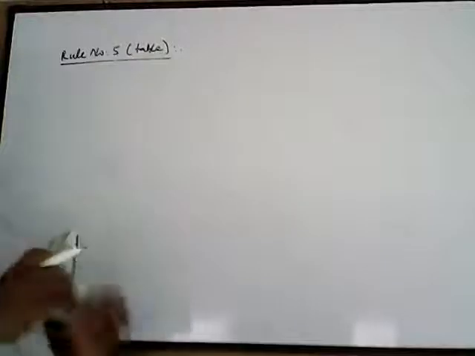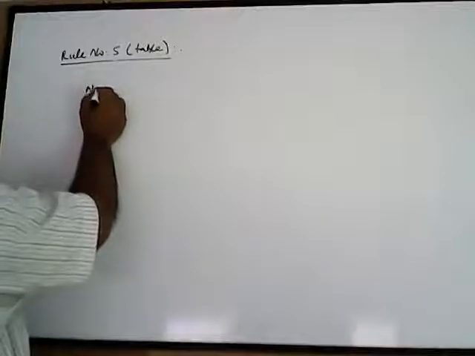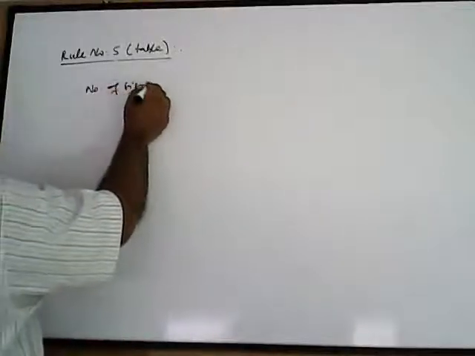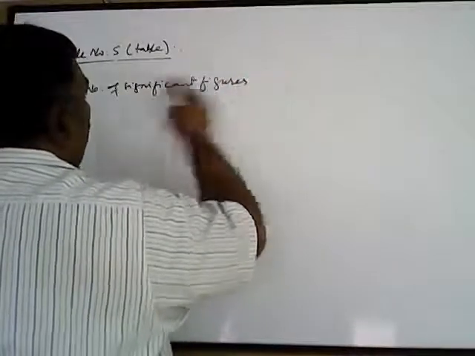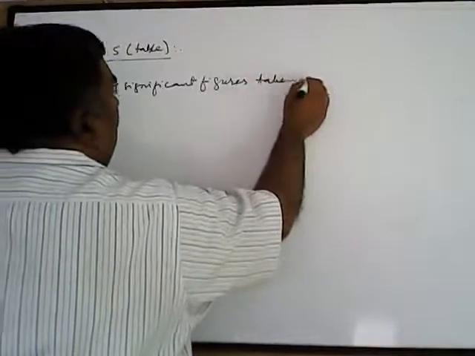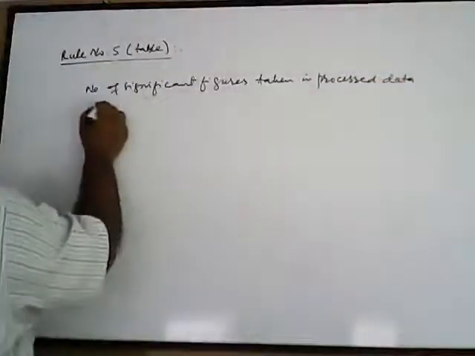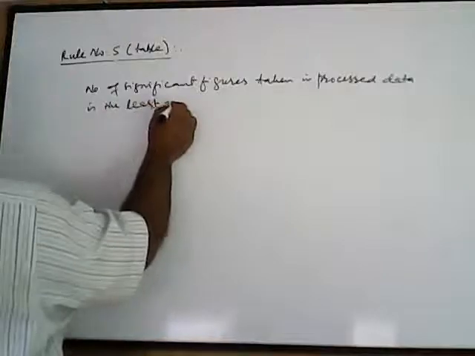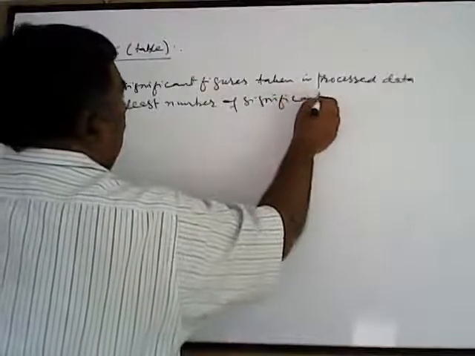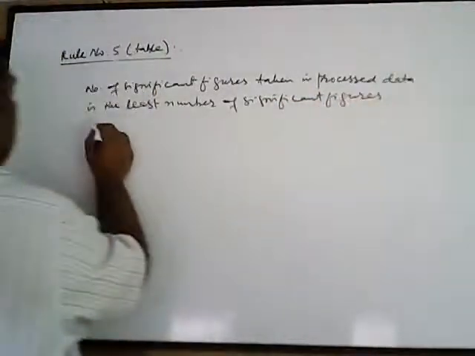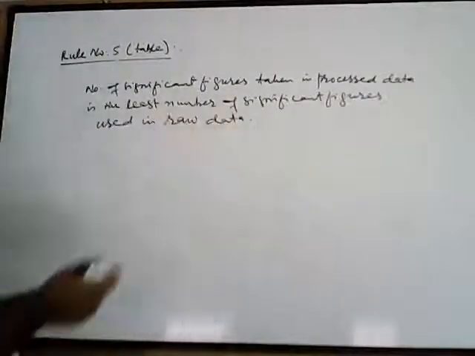Actually the rule is: the number of significant figures taken in processed data is the least number of significant figures used in raw data.